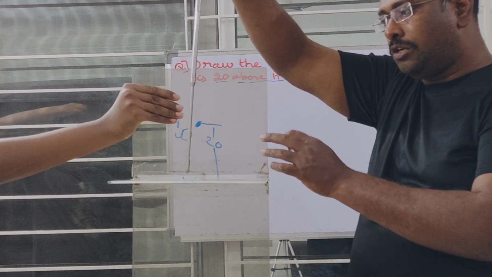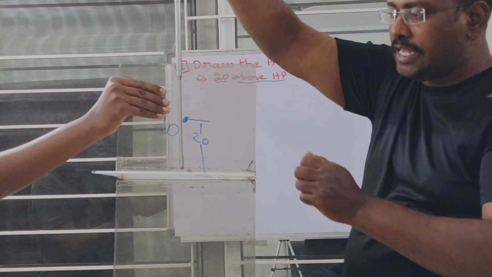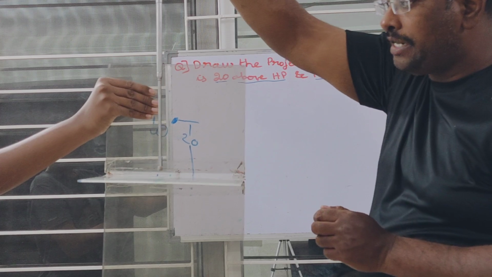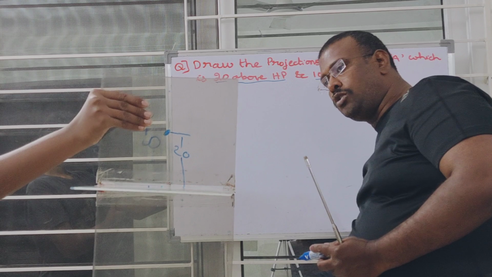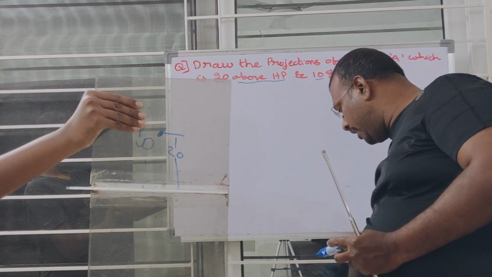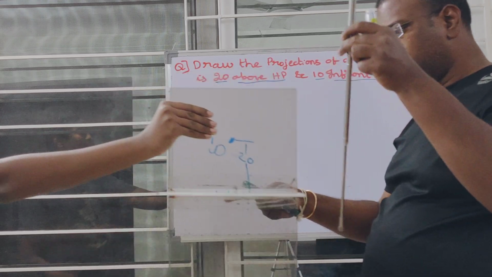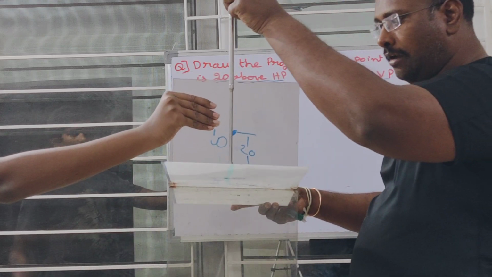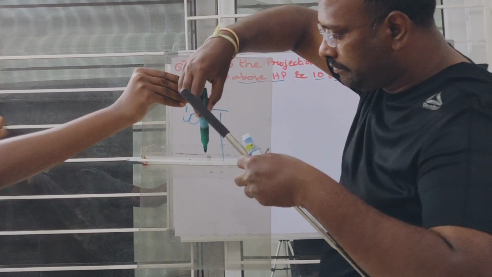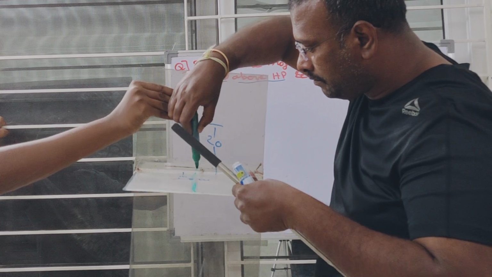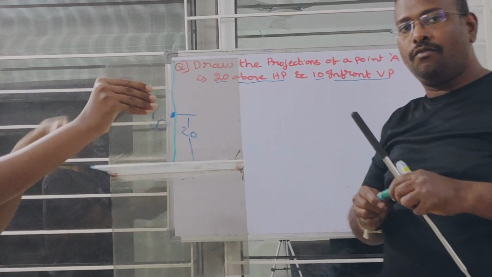This is the top view projector. This projector will appear as a line in the front view. How should we draw that? This is the line. It will appear in the front view like this. This is the projector for the top view.